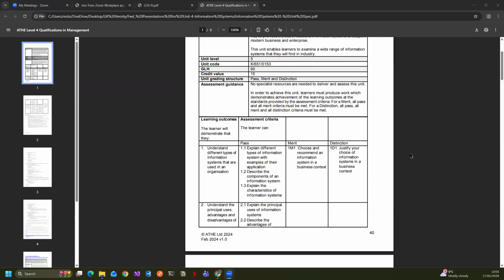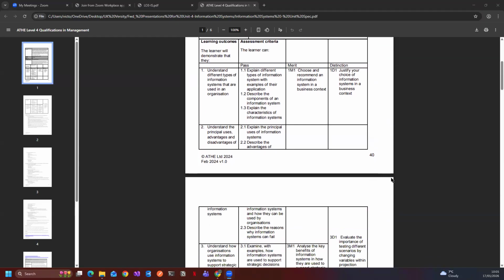Also, we analyzed the characteristics of these information systems, and we were able to cover some of the merit and distinction tasks where we were able to suggest which information system a company should implement and when is more suitable for them. And then we were able to justify our decision based on our business context.